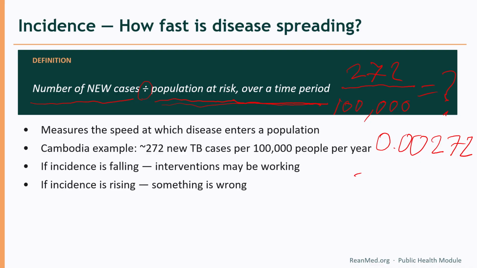Or we can make it into a percent. That means it's 0.272%. That means for every 100 people at risk of tuberculosis, there would be 0.272 new cases.